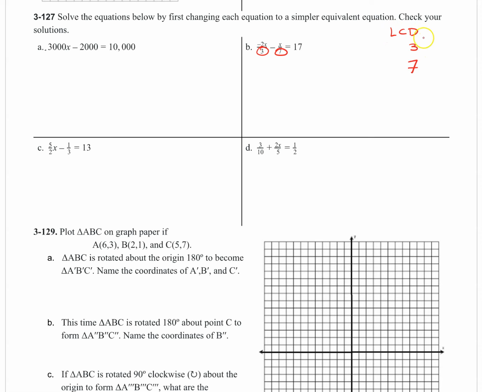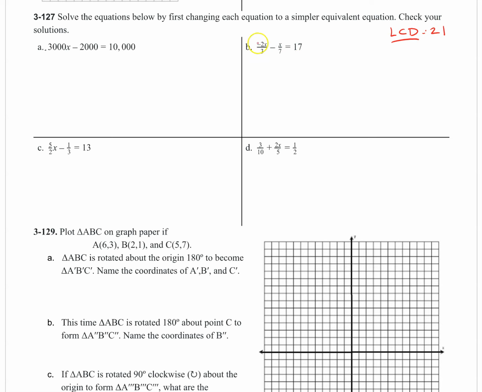So that's the least common denominator. So that's 3, 6, 9, 12, 15, 18, 21, and so on. 7 goes 7, 14, 21, 28, and so on. So the first number that's the same I can see is 21. The LCD is 21.